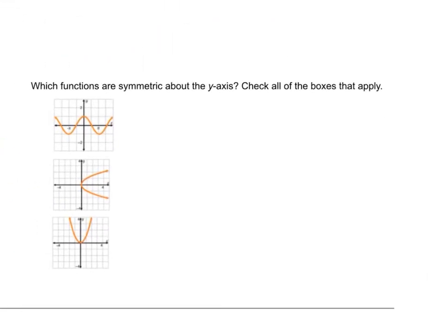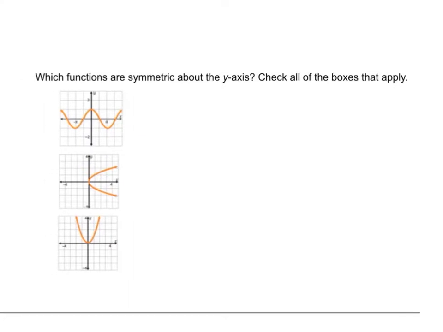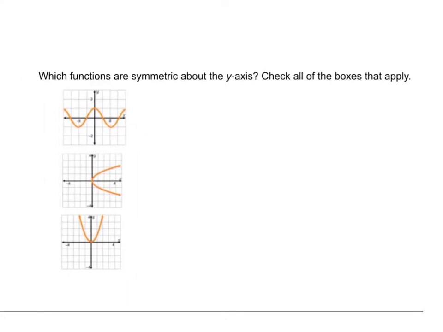It says, which functions are symmetric about the y-axis? Here is our y-axis on all of them. This graph especially is symmetric about the y-axis; we are equidistant to all those points.